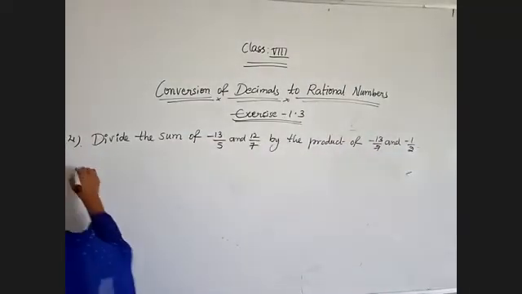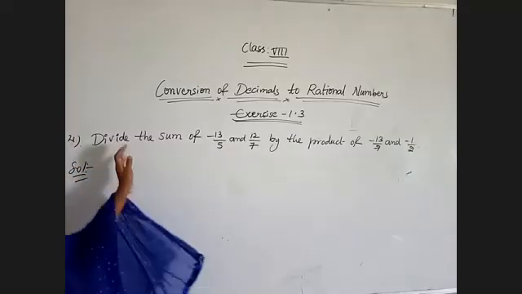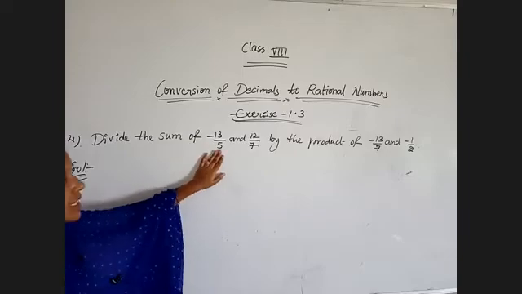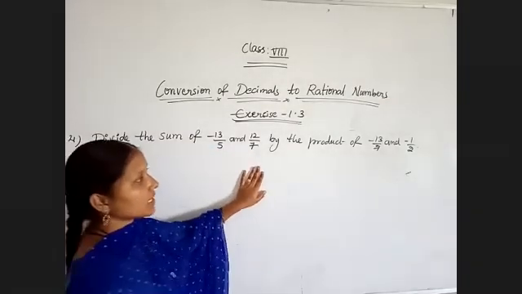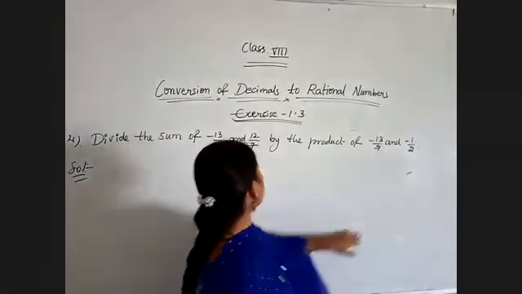Okay, this is the question. Once again, I am reading the question, please. Divide the sum of minus 13 by 5 and 12 by 7 by the product of minus 13 by 7 and minus 1 by 2.